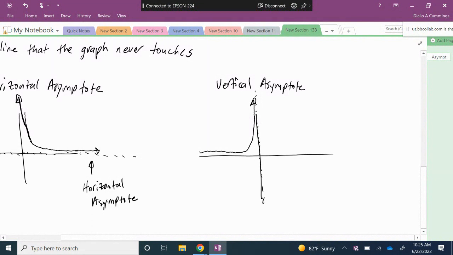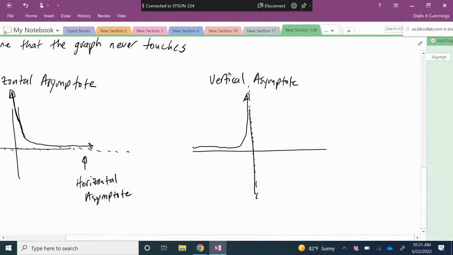If we take a look at this particular graph, notice that there is a vertical line that the graph gets closer and closer to, but it never actually touches.